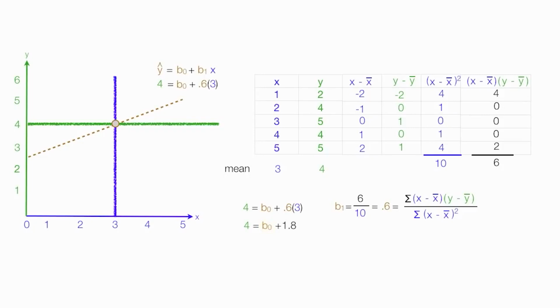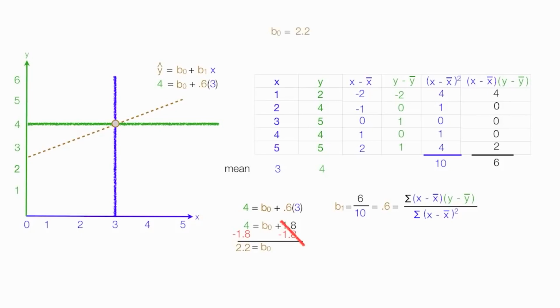Now I solve for b naught, so I subtract 1.8 from both sides of the equation. And this gives me 2.2 on the left-hand side, and this is equal to b naught. And that 2.2 is the y-intercept, which is also the value for b naught. Of course, those two cross out to finish that up.